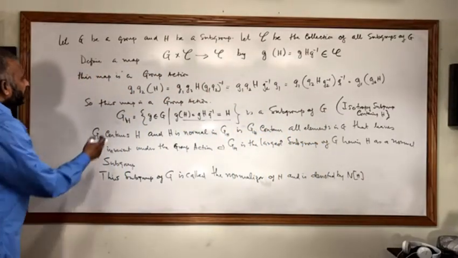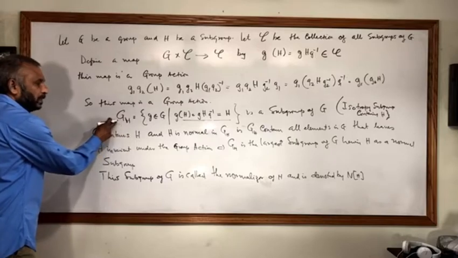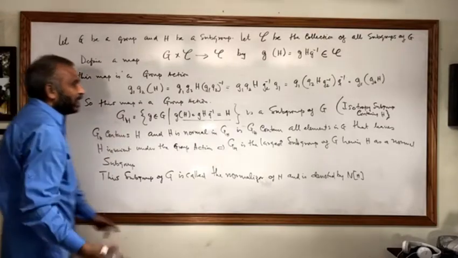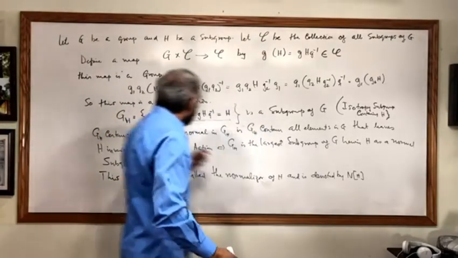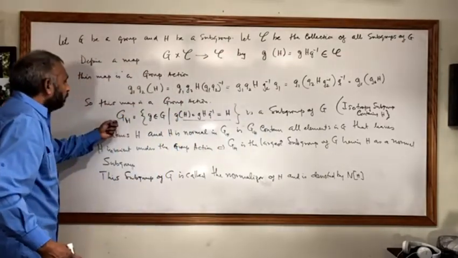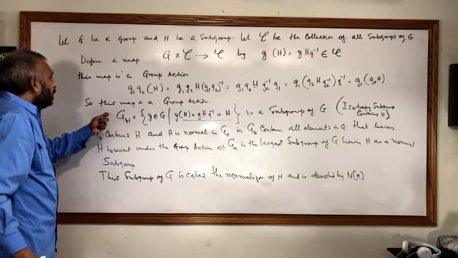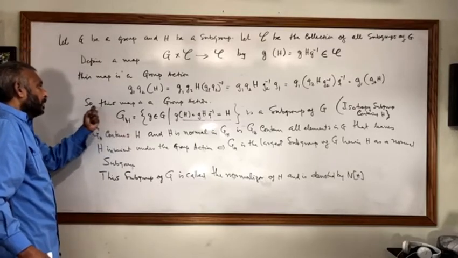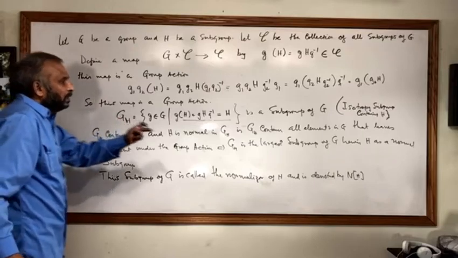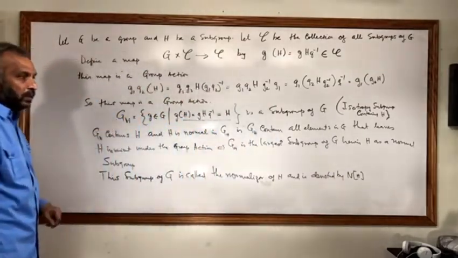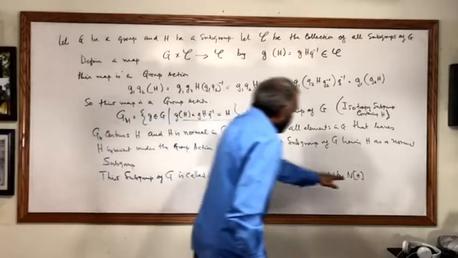So if H is not normal in G, then this is the largest subgroup of G having H as normal. If H is already normal in G, then these two are the same. The normalizer of H and G are the same.